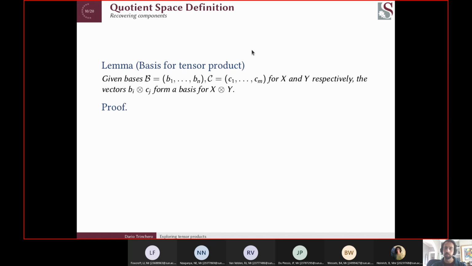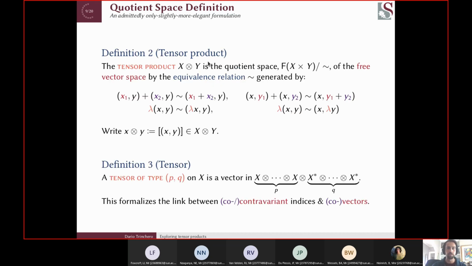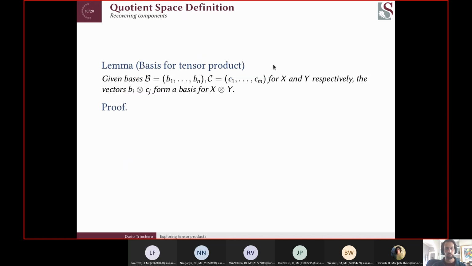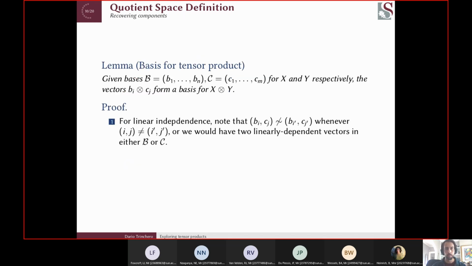We've kind of forced this to be the case by choosing this particular definition in terms of an equivalence relation or an equivalence quotient. So the proof is really short, ultimately, but let's quickly step through it. So to see that those vectors there are linearly independent, all we have to notice is that two pairs of the form bi cj and bi' cj' are inequivalent whenever i and j are not both equal.